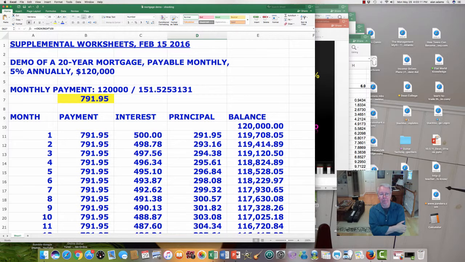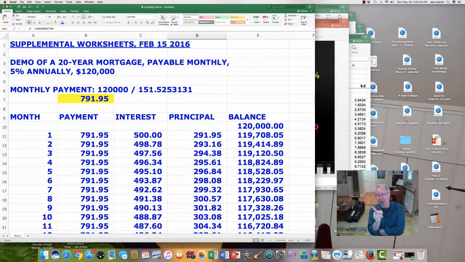Now, do you calculate interest at 5%? Careful, you want to calculate interest at 1/12 of that because this is a monthly repayment. So take 5%, divide it by 12, and that's going to be the interest rate you use.